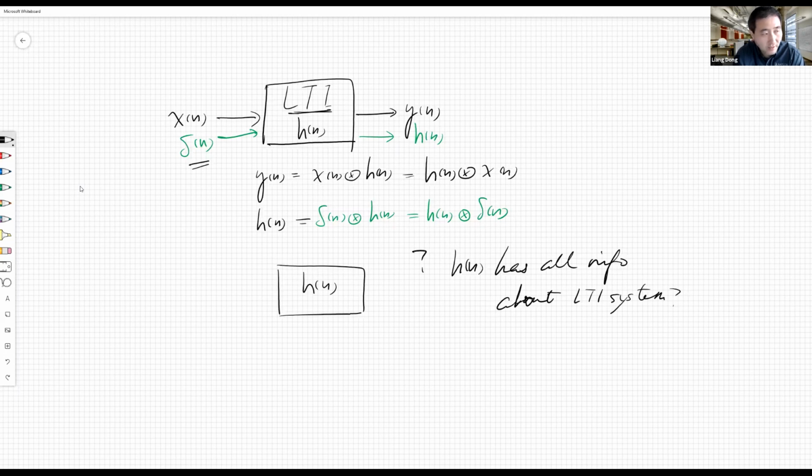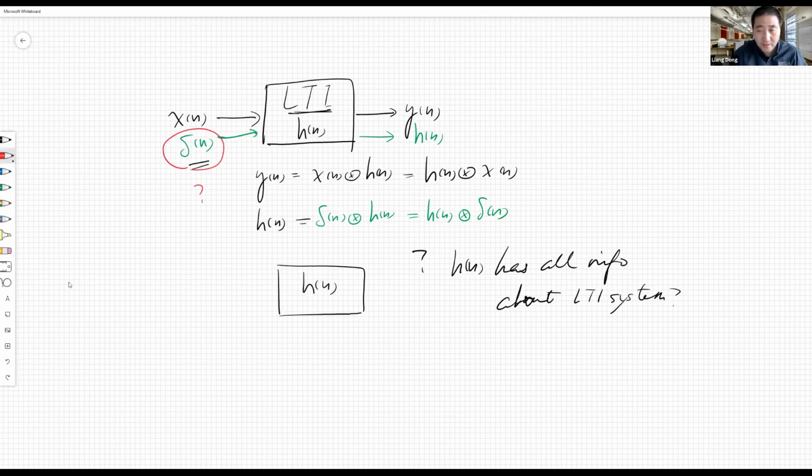But in this case, I choose the input as an impulse. It's just one excitation at a certain time. It's very short, but it's powerful. It has some energy coming in, goes through the system, and I measure the output. The output is h[n], and that h[n] completely describes the system.